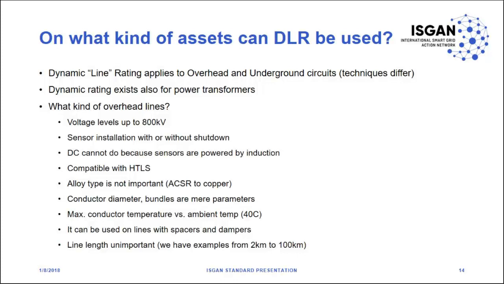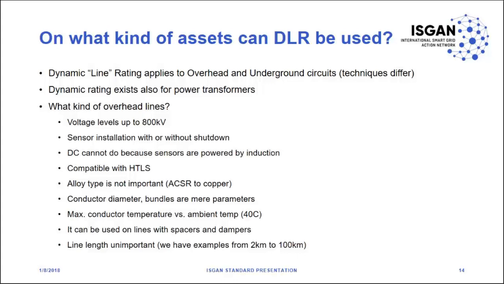So for the moment, there is no DLR on DC lines. You can do DLR with HTLS, high temperature, low sag conductors, if only to check that the sag is really as low as the manufacturer will say.